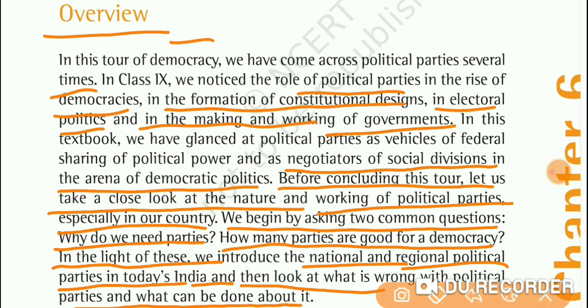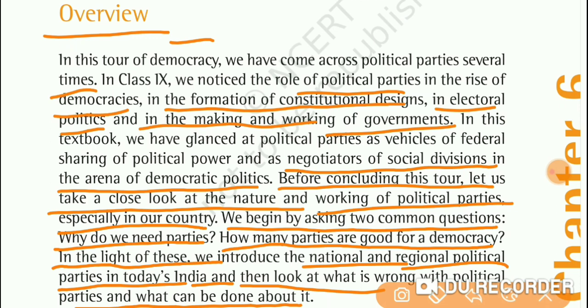And we shall also discuss what is wrong with political parties in the present scenario and how all those errors regarding political parties can be solved, how political parties can be reformed, and how they should work properly.